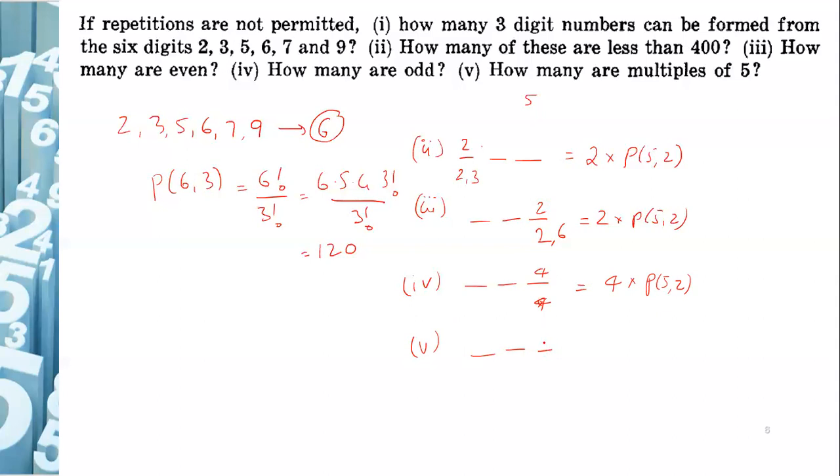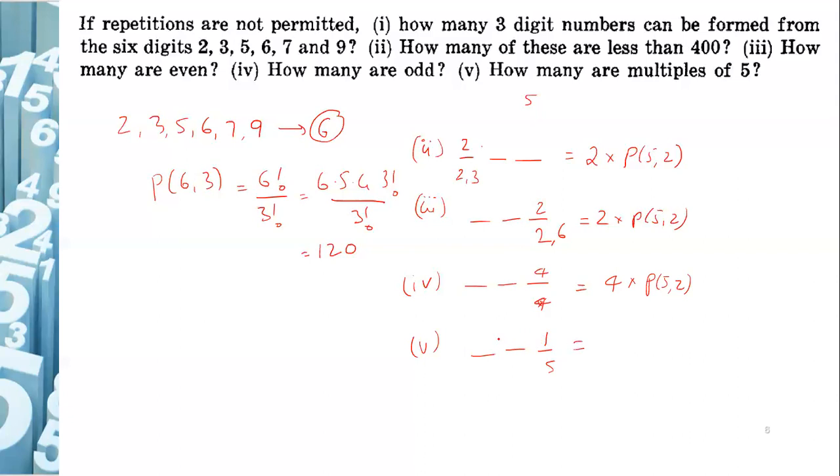But I do not have 0, so only 5 is there. So I can fill this in only one way, 5 is fixed here. So this number is filled in one way. And what about the remaining two?